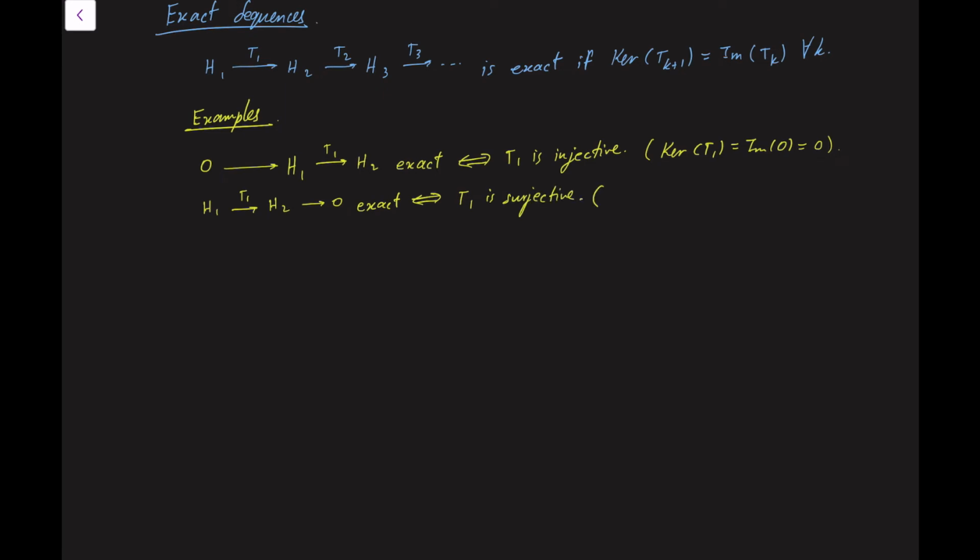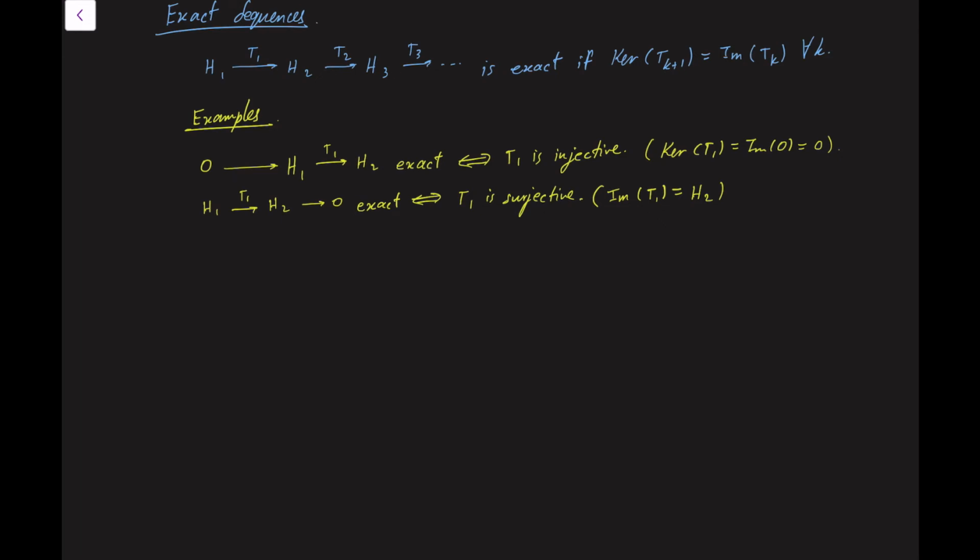The reason for this is we want the image of T1 to equal the kernel of the map from H2 to 0, but that kernel is the entirety of H2 because all of H2 maps to 0. So the image of T1 equals H2, and that's exactly what it means for T1 to be surjective.